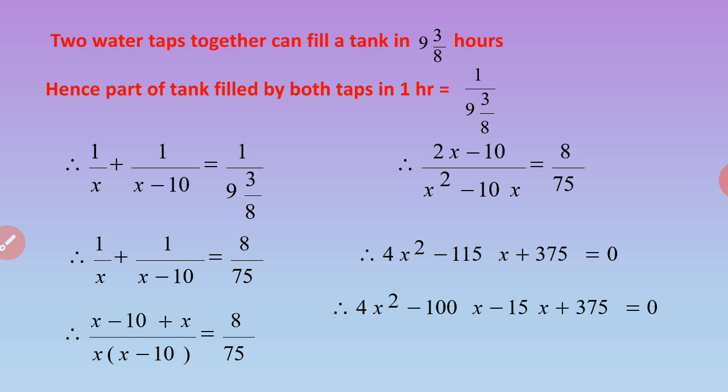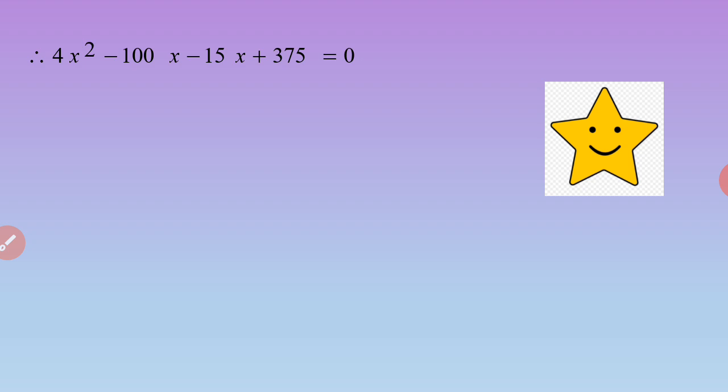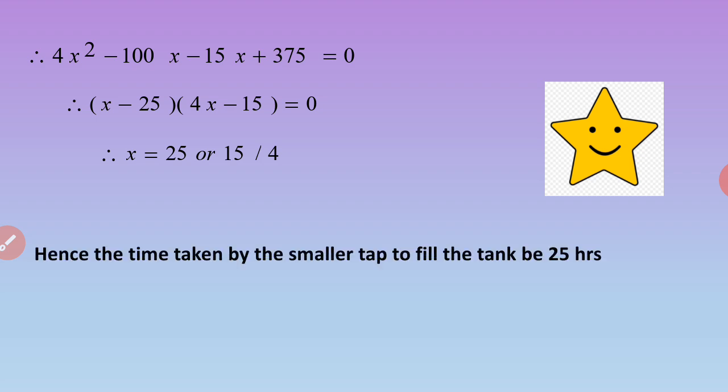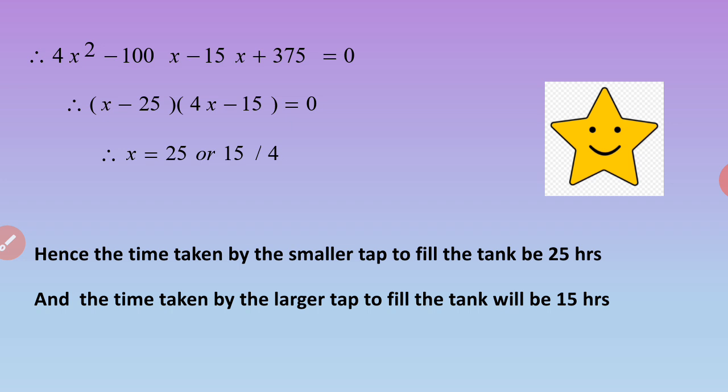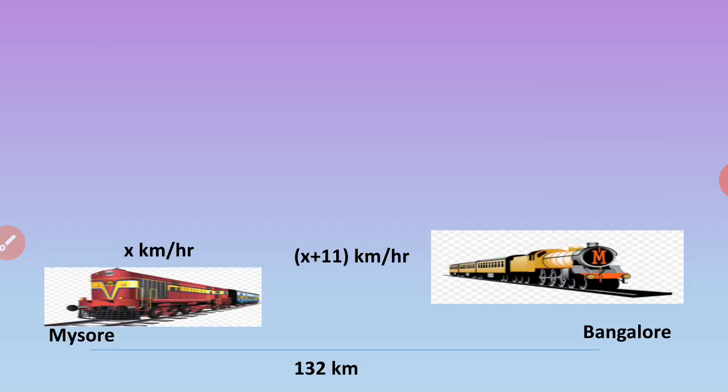Solve the quadratic equation, then you will get a value like this, x equal to 25 or 15 by 4. Now, that means the time taken by the smaller tap is 25 hours, and the time taken by the larger tap will be 10 hours less than that, that is 15 hours.